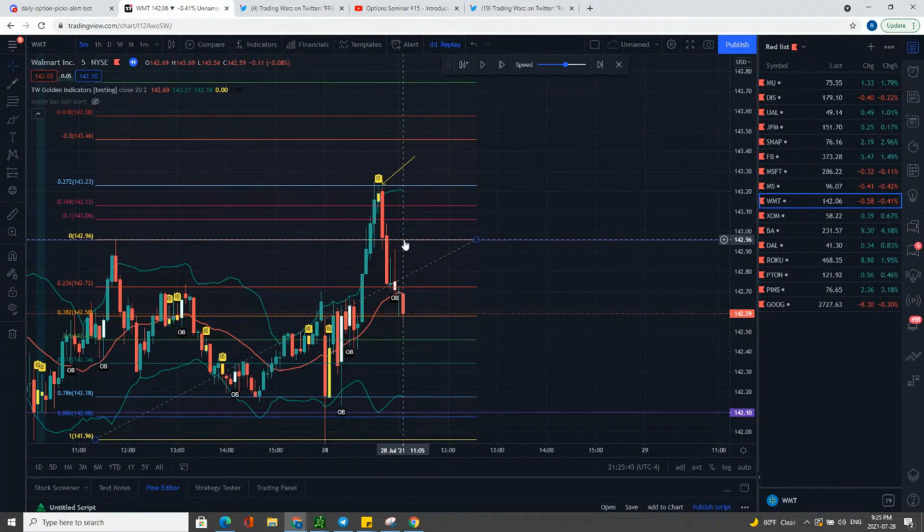Tell me. Just someone give me an idea. If you're going to take the breakout of the level, where is your target going to be? Somebody tell me. Any ideas? 2 fib levels. What else?